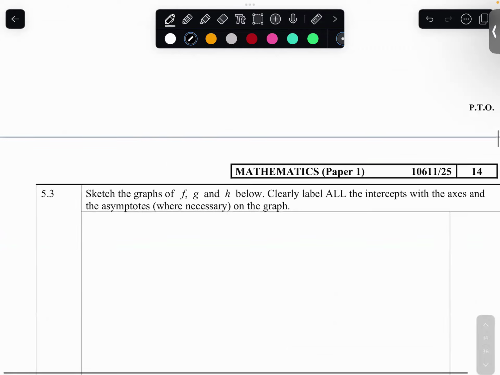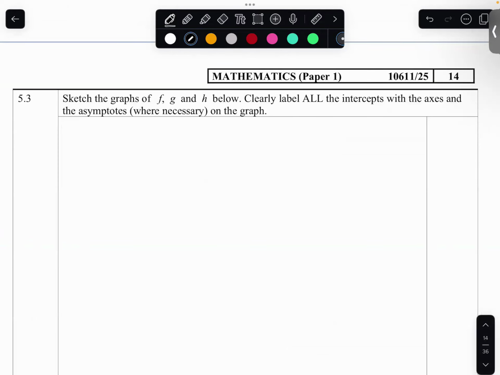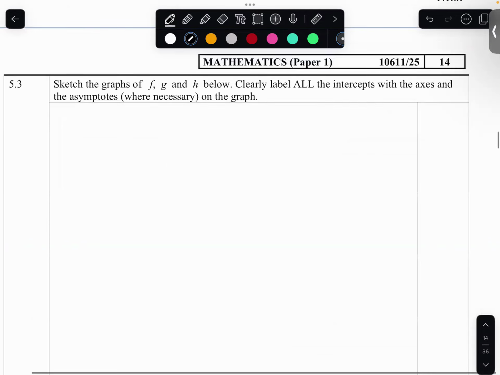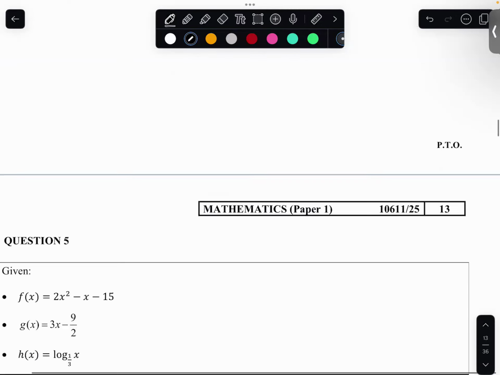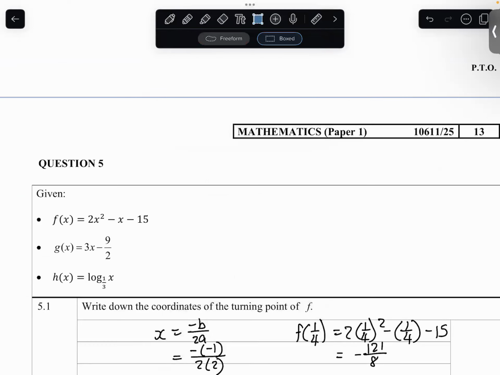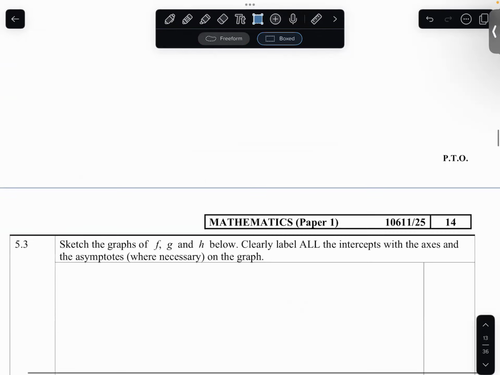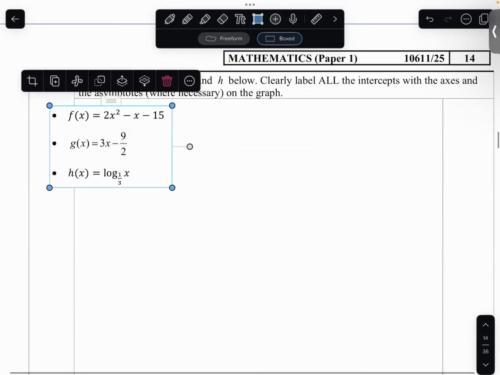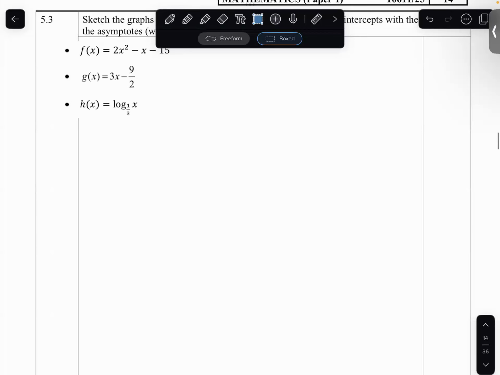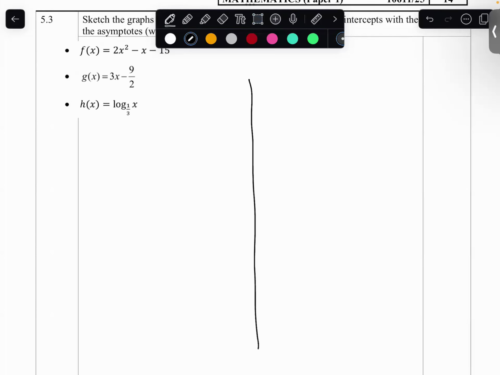All right, next one. Sketch the graphs of f, g, and h below. Clearly label all the intercepts of the axis and the asymptotes where necessary on the graph. Okay, let's pull the graphs equations. All right, we're looking at that, like a Cartesian plane.